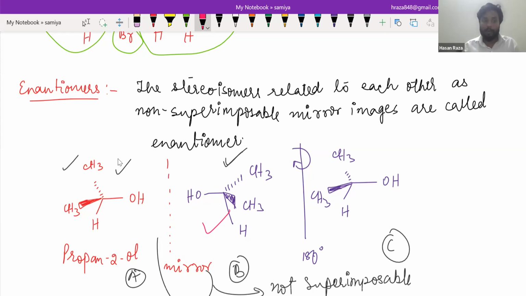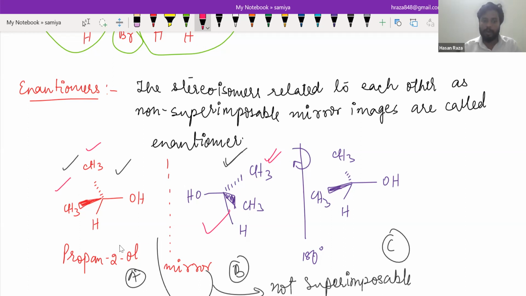No. Why? Because CH3 is on the left-hand side here and CH3 is on the right-hand side there. If you put B on A, the CH3 is on the right-hand side and the CH3 in A is on the left-hand side, so they will not be superimposable.